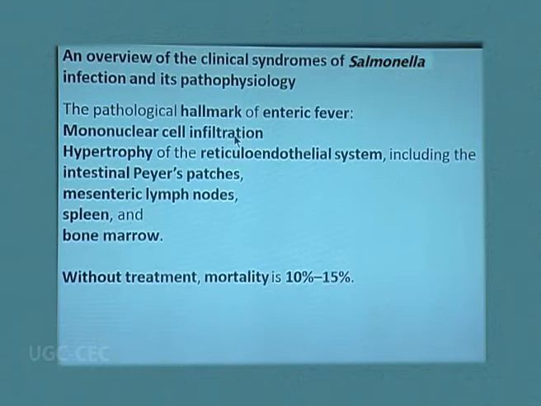The typical hallmark of typhoid fever is infiltration of mononuclear cells, for example, macrophages. It is associated with hypertrophy of the reticuloendothelial system, including the intestinal Peyer's patches, mesenteric lymph nodes, spleen, and bone marrow. Without treatment, the mortality can go up to 10 to 15% of infected individuals.